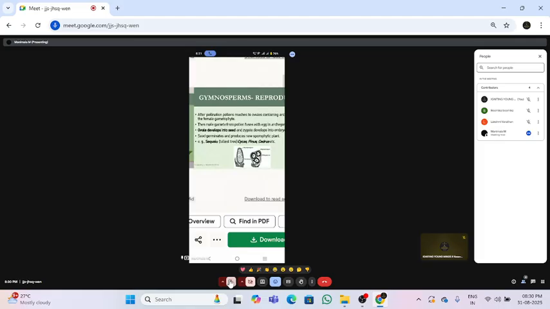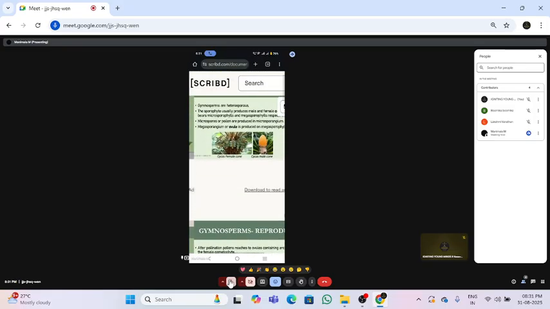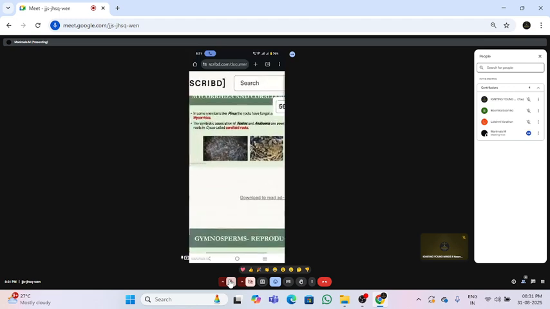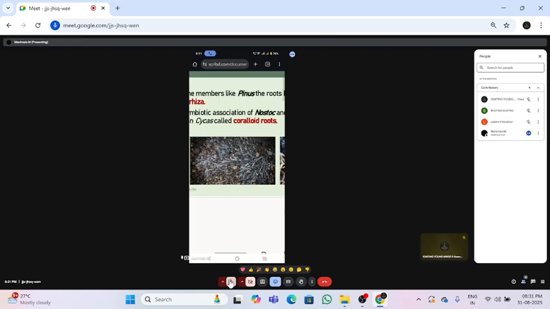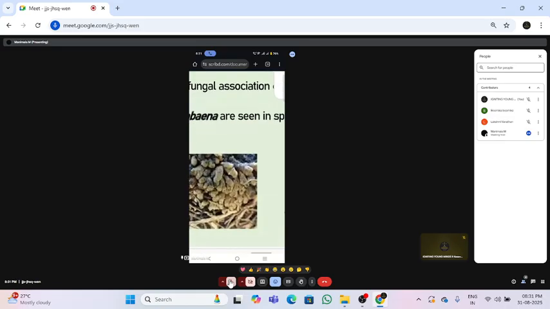If the root is affected with fungi, it is called mycorrhizal root. This condition we can see in pinus, a fungal association, mycorrhiza. And this is the coralloid root, in the cycas plant.